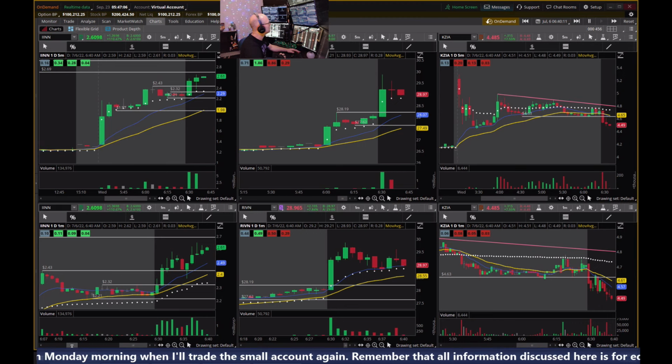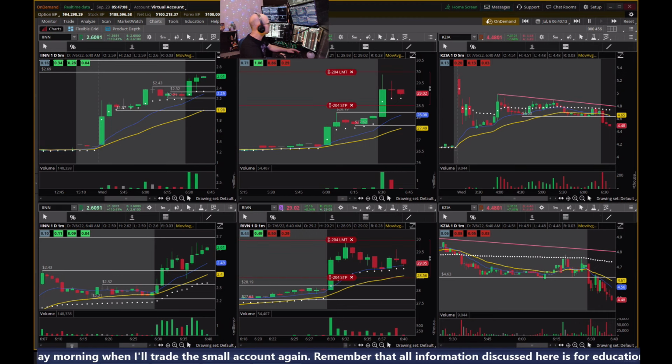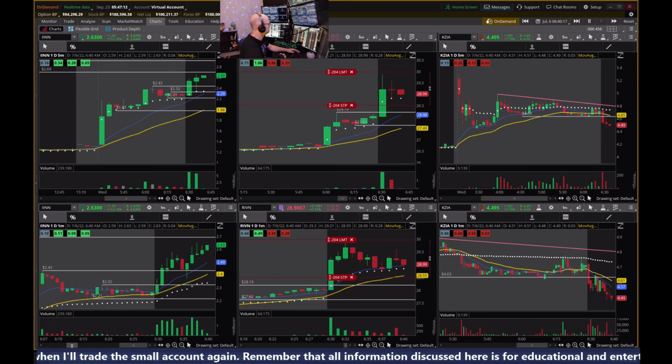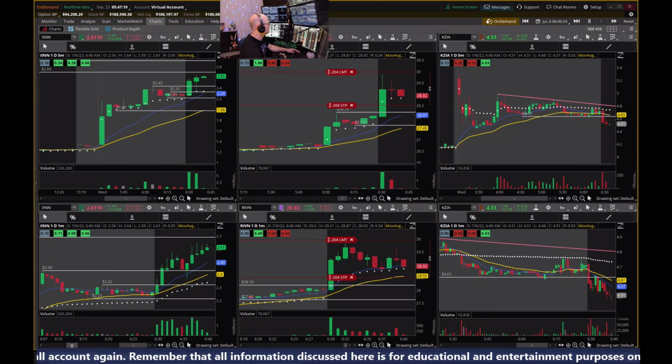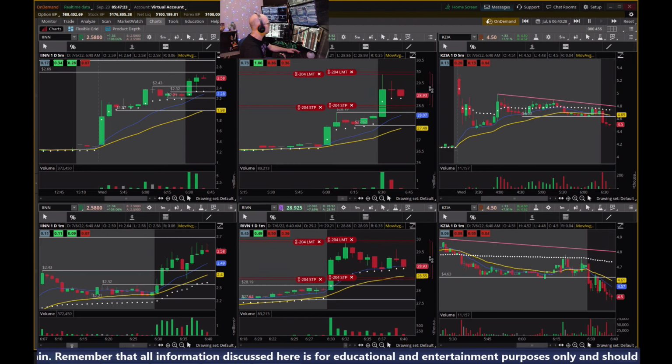It could be a 2-bar pullback on the 5-minute. But I jumped in it there. And we'll see. I want to buy it again right there. So I'm in it twice again.